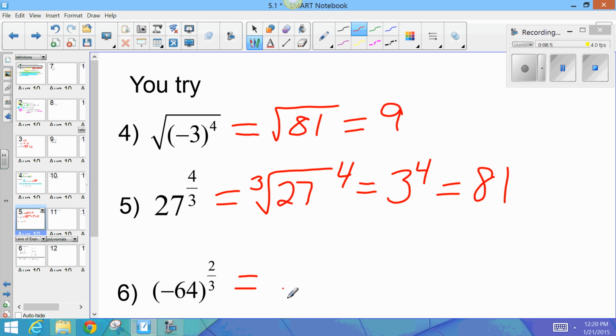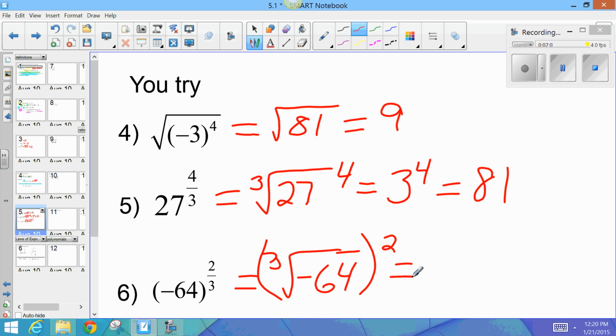I am looking for the third root of negative 64 raised to the power of 2. Right, the third root of negative 64 is negative 4. Negative 4 to the power of 2 is positive 16. All right, that's it for that video.